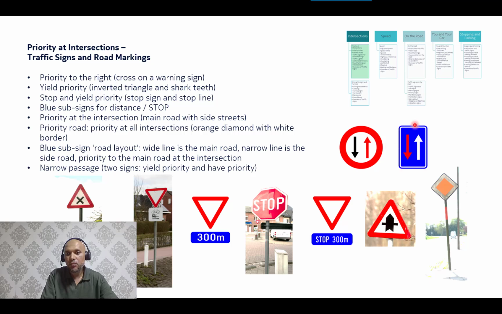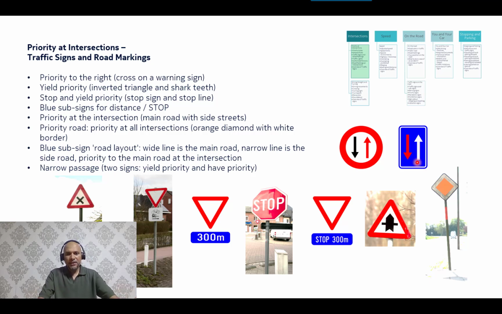And when you see the blue board, it is basically an information board. It doesn't prohibit you from anything. So when you see this blue board, you can be sure that you can continue driving, because from the opposite side, the other traffic will have the other board. So they will give priority to you.